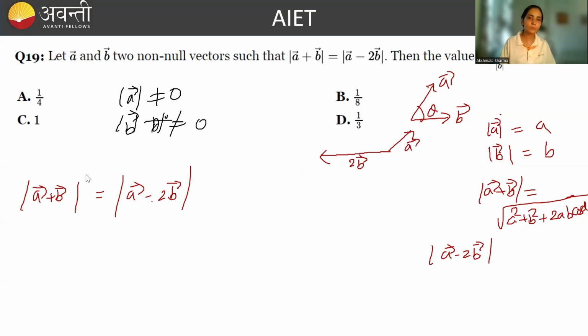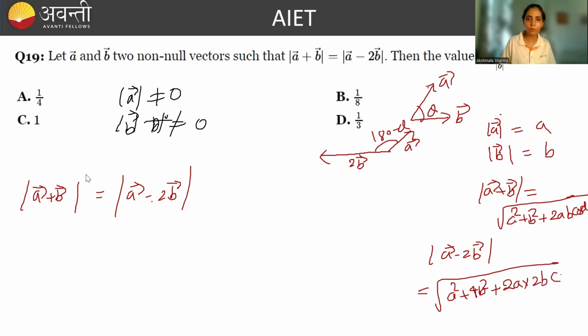So a plus minus of 2b, the angle between these two vectors will be 180 minus theta. So its modulus will be a square plus 4b square plus 2a into 2b cos, and what angle are you going to put under cos? 180 minus theta. And cos of 180 minus theta is how much? Minus cos theta.